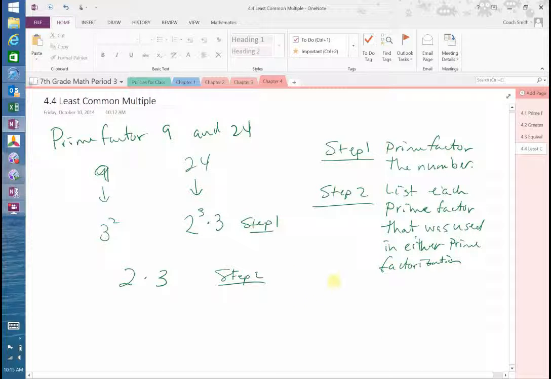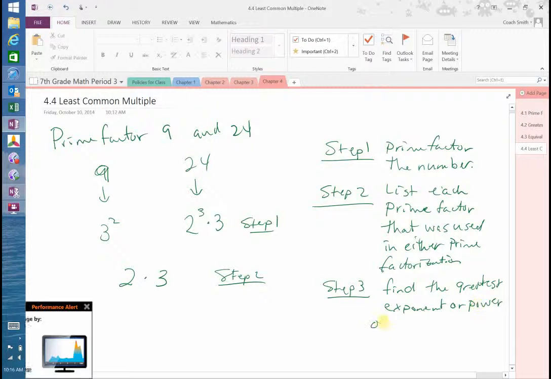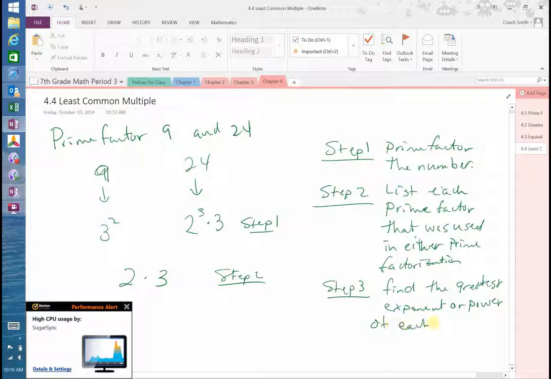Okay, step 3. Find the greatest exponent or power of each prime factor in step 2.